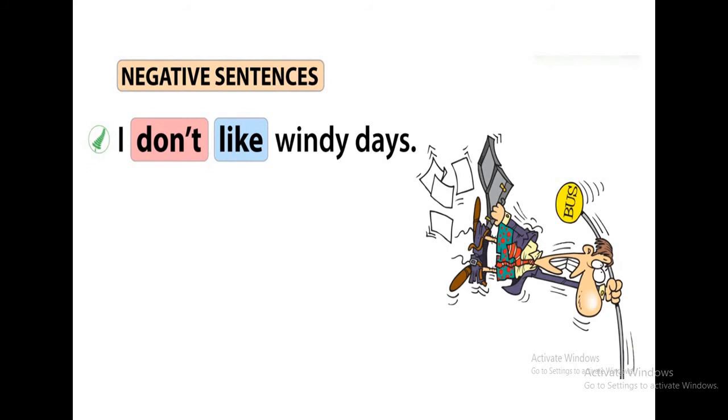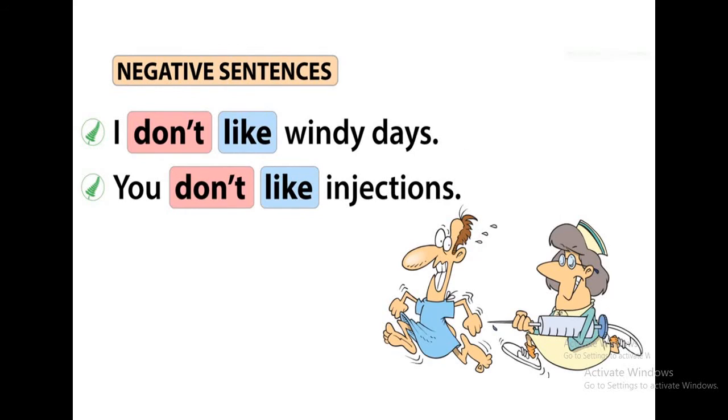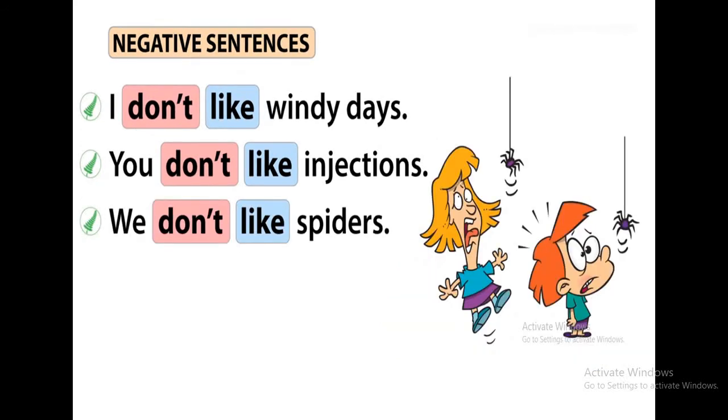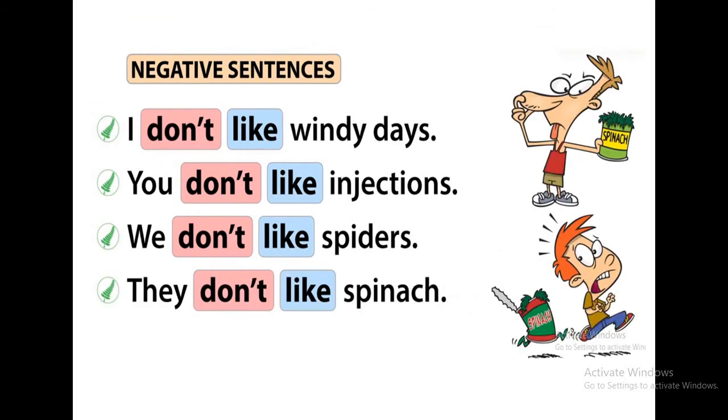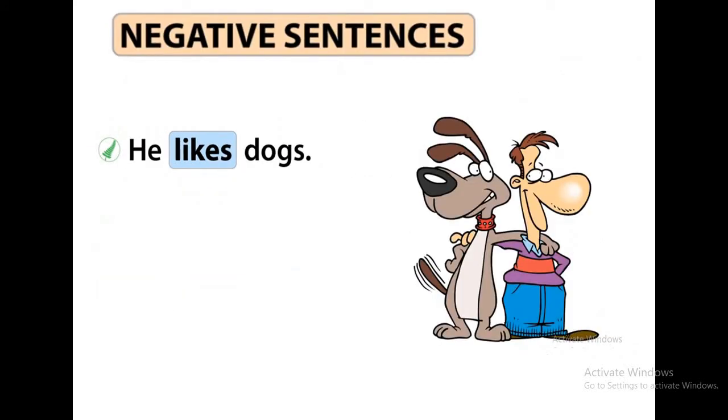More examples of negative sentences with don't like. I don't like windy days. You don't like injections. We don't like spiders. They don't like spinach. Now, look at this sentence. He likes dogs. What is the negative of this sentence?